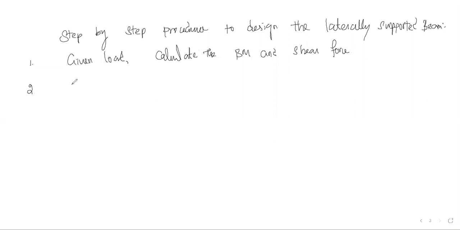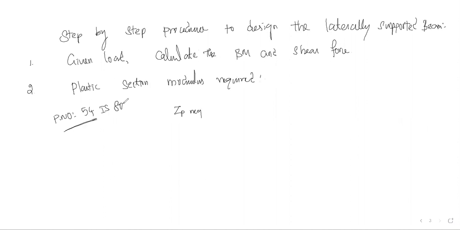We have the formula from page number 54. This is the second step, calculation of plastic section modulus required. So ZP required, from page number 54 of IS 800:2007.